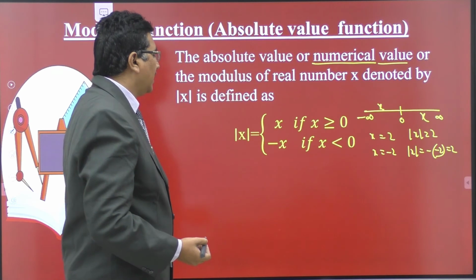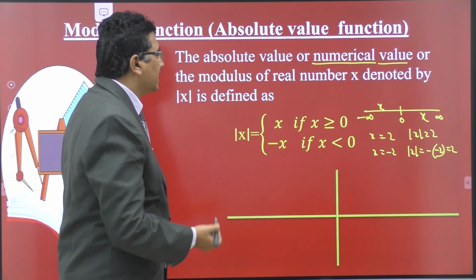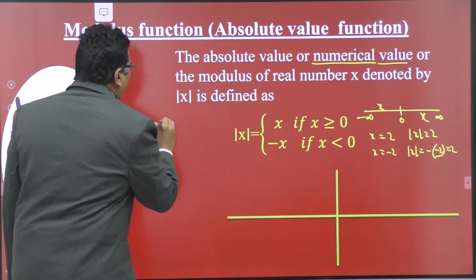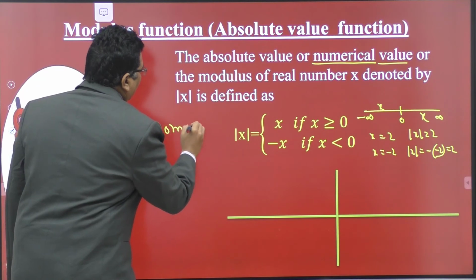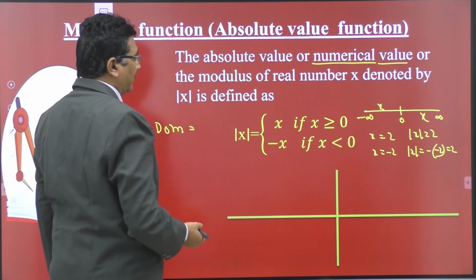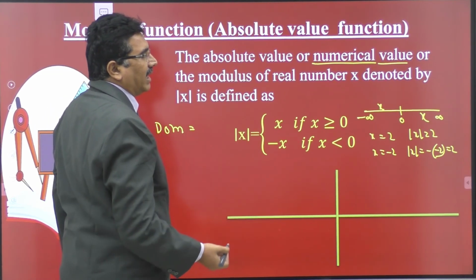Now see the graph of this function. What is the domain of mod x? Modulus is defined for every real number. The distance is defined for every point on the real line.